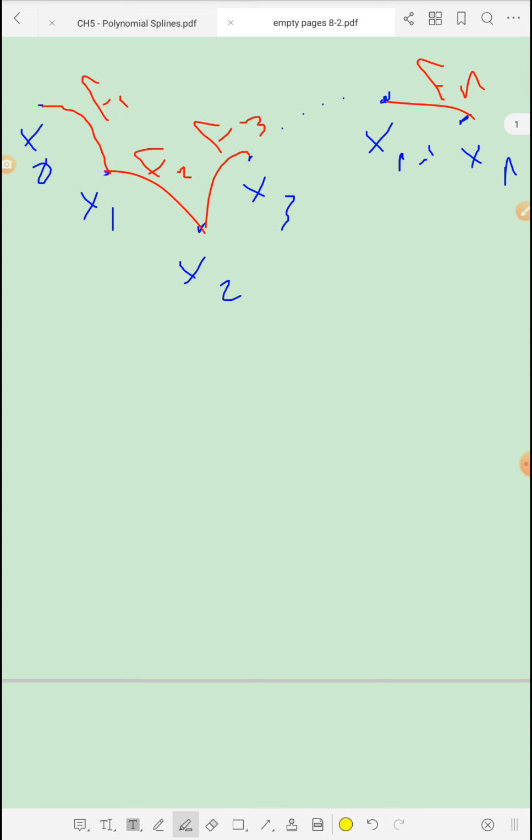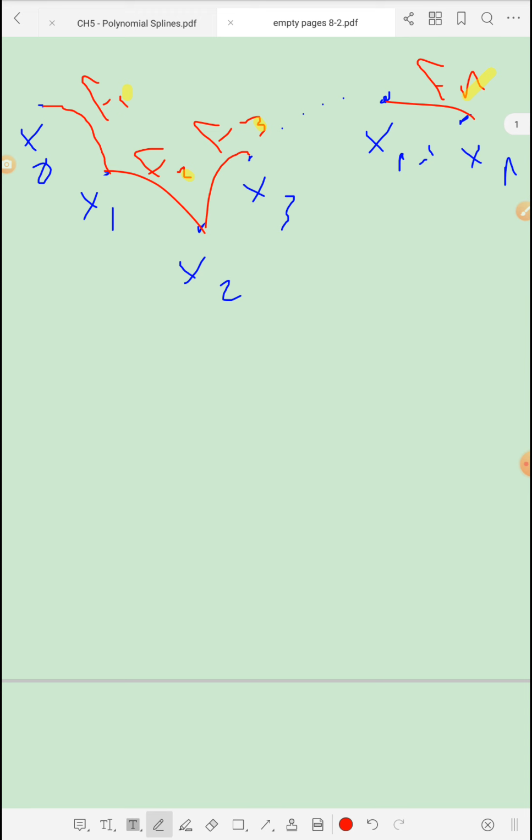So how many polynomials do we have? We have 1, 2, 3 till the nth polynomial. So we have n polynomials connecting n plus 1 data points. If we have n plus 1 data points, we will construct n polynomials. In order to remember the index of the polynomial, it is equal to the right hand side point.